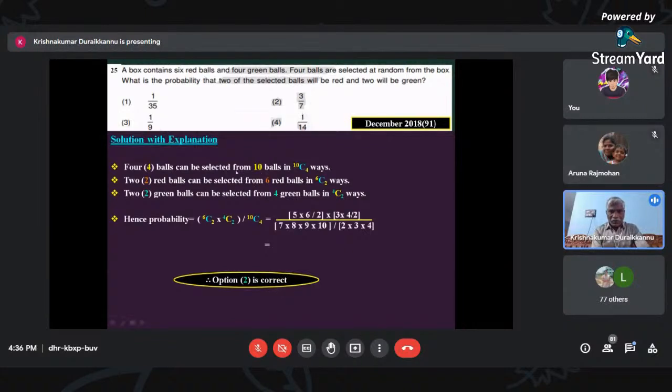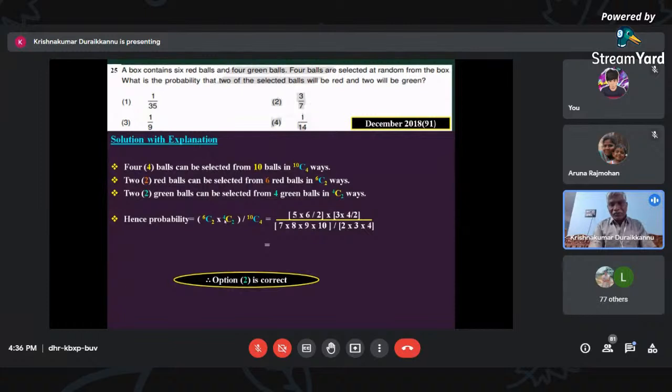We have 6C2, so we can apply the formula: 6 factorial divided by 4 factorial into 2 factorial, that is n factorial divided by r factorial into n minus r factorial. Up to 4 terms cancelled, 5 into 6 remains, and 2 factorial is 2.